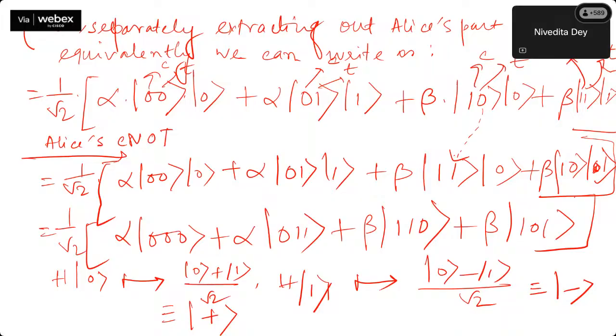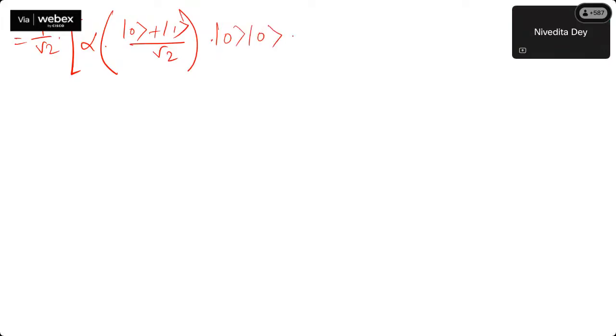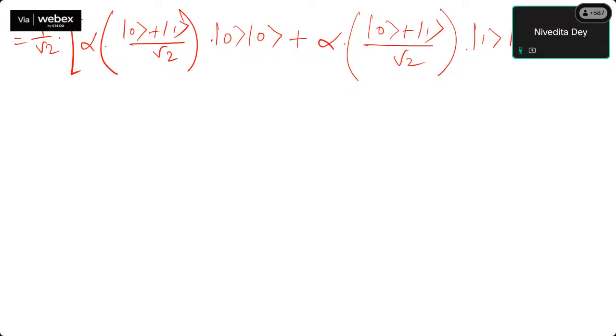Now, if we do this only on the first qubit, then it will look something like 1 by root 2 alpha, then ket 0 on Hadamard will be ket 0 plus ket 1 by root 2 times ket 0, plus alpha, again on ket 0, that will make it ket 1, plus beta.